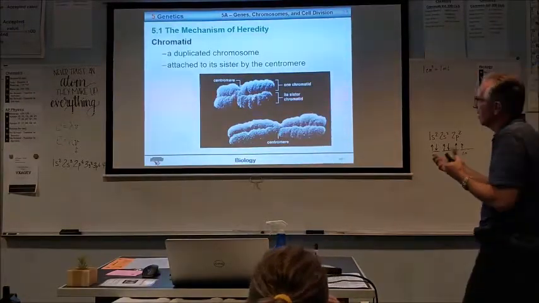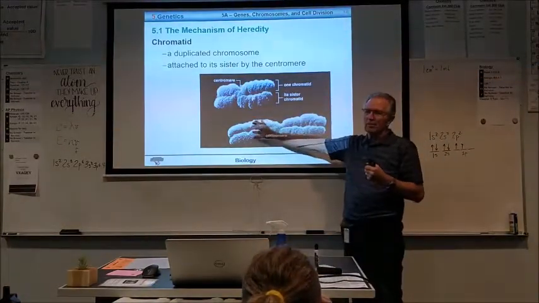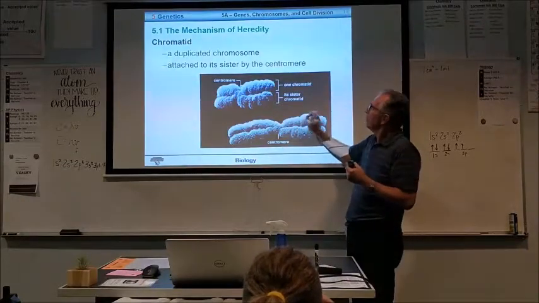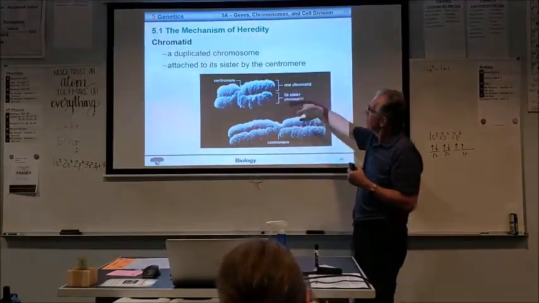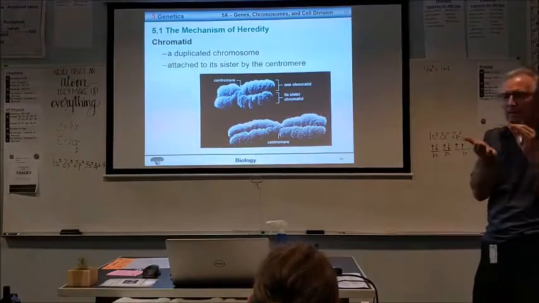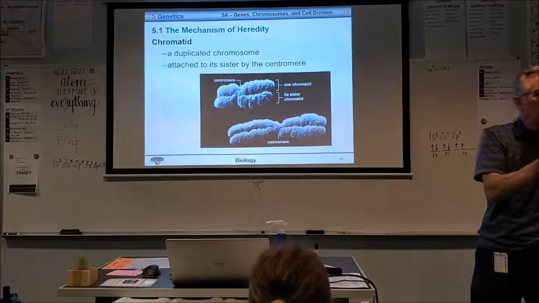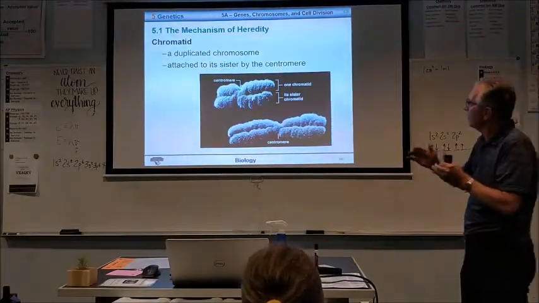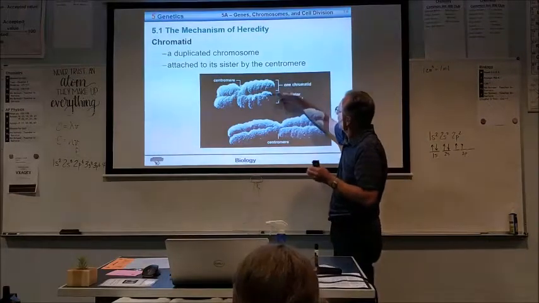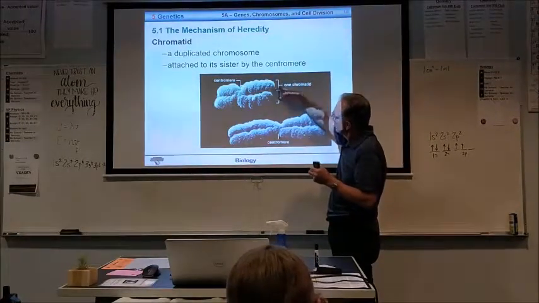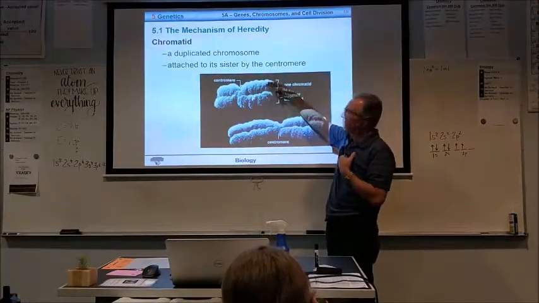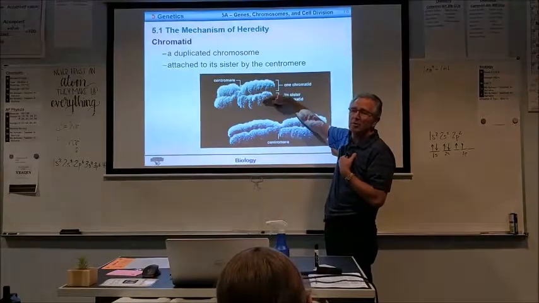So when you look at a chromosome in a lot closer detail, it's actually been duplicated. And we call each duplicate a chromatid. They often refer to it as, this is a chromatid and that's its sister chromatid.